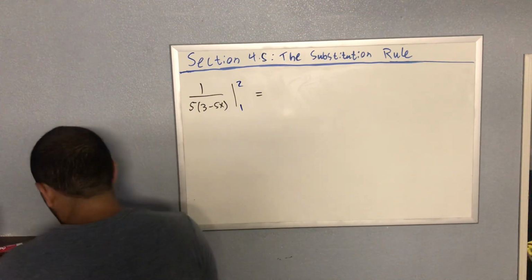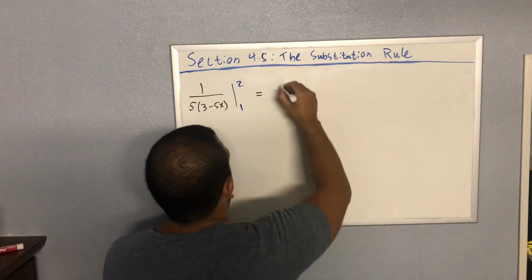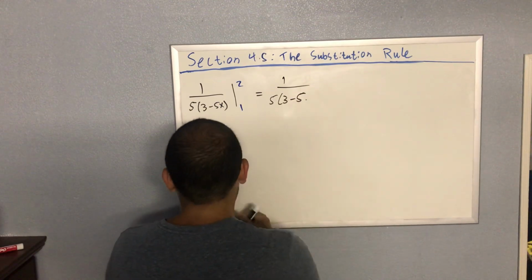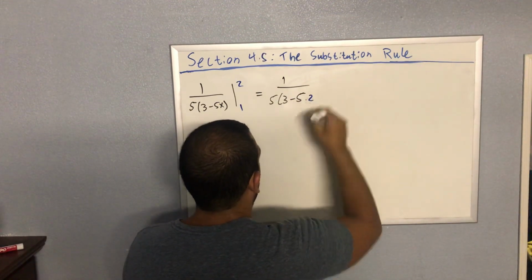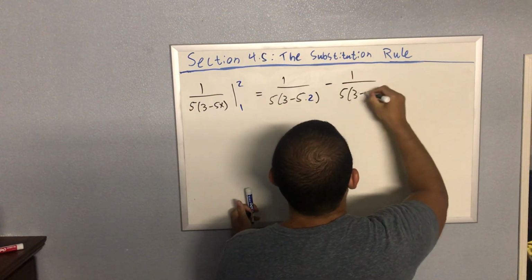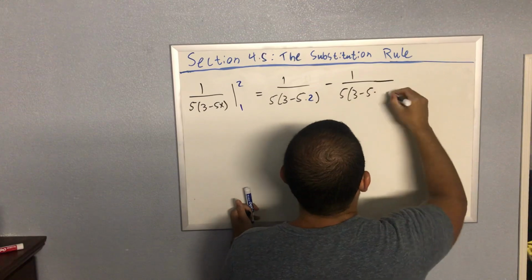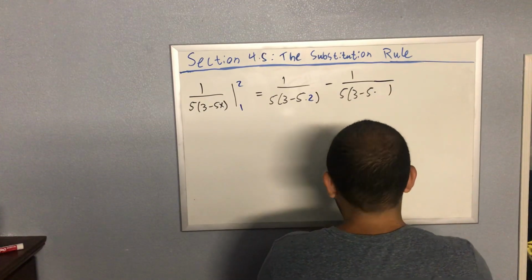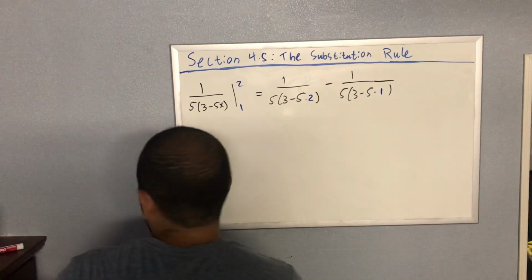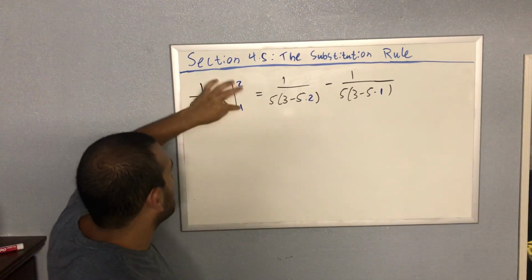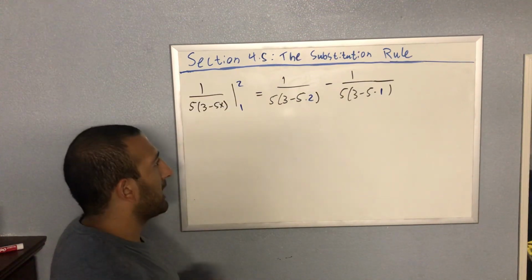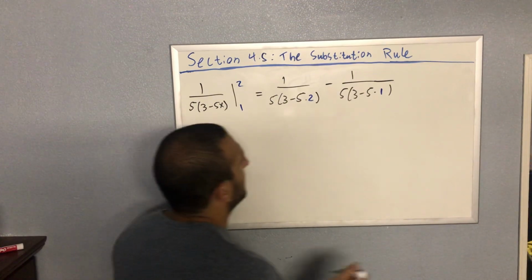And then, so this is 1 over 5 times 3 minus 5 times 2, minus 1 over 5 times 3 minus 5 times 1. Okay. So right, you just stick these two numbers into this function and take their difference: capital F of B minus capital F of A, remember, from the FTC.